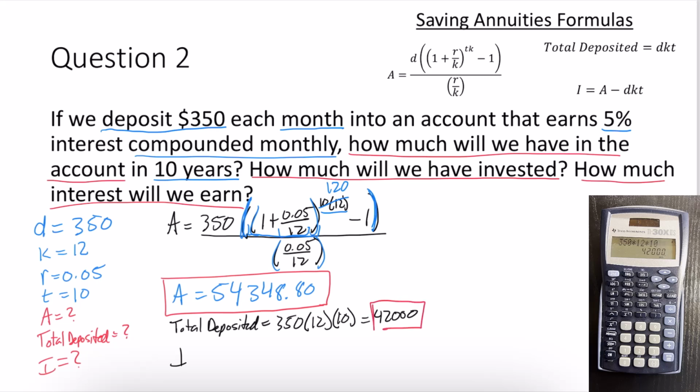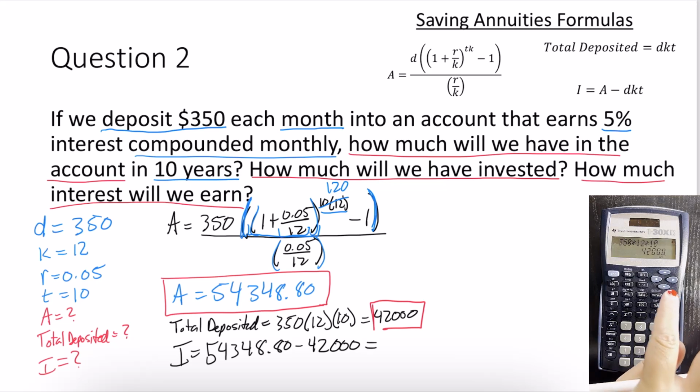And then to find the interest, we would take the amount in the account at the end, which is the 54,348 number, and also the 80 cents, and subtract the 42,000 that we put into the account out of our own pocket, because the difference between those will be the amount that we earned in interest.